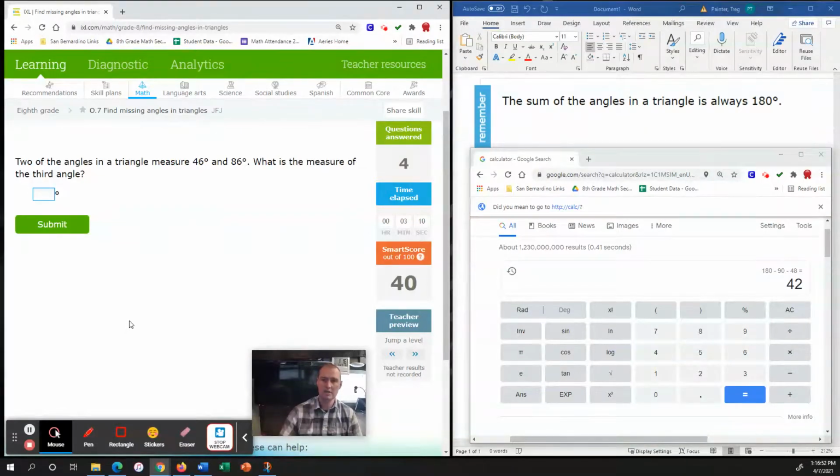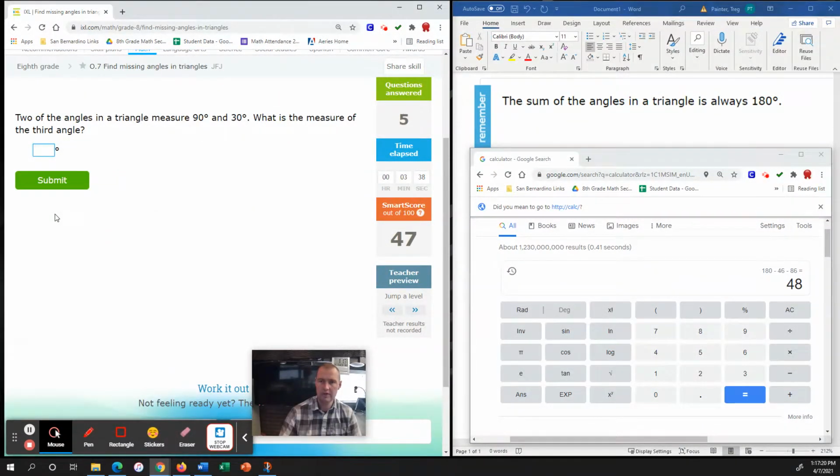Two angles in a triangle measure 46 degrees and 86 degrees. What is the measure of the third angle? Notice here they didn't give us a triangle, but they're still giving us two angles, so it's the same thing. We have 180 minus 46 minus 86, and that's going to take us to the third angle of 48.